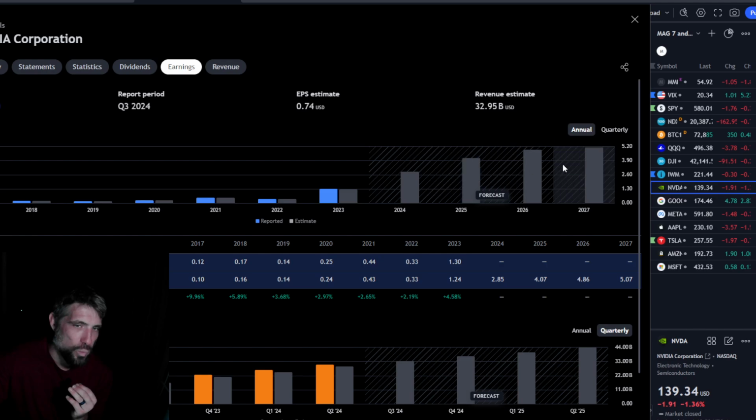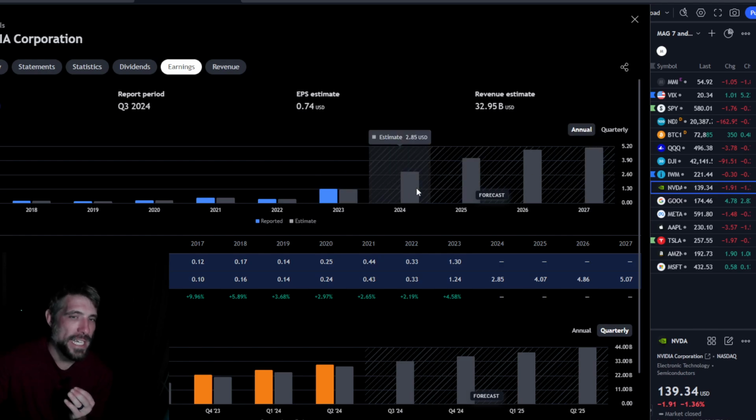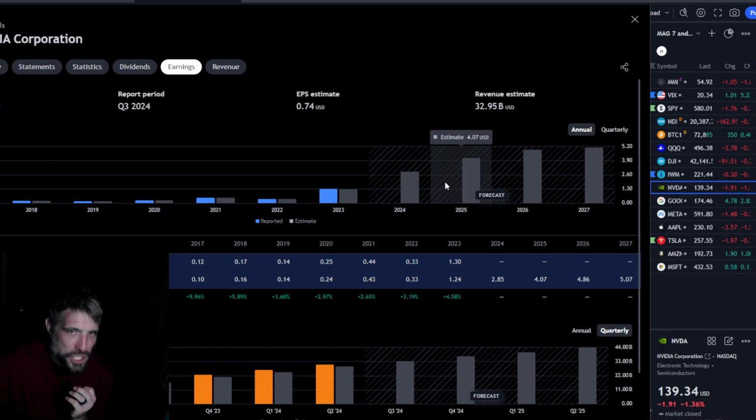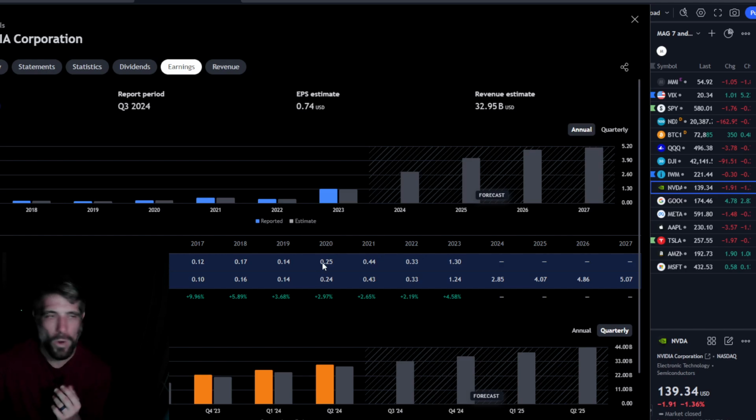It's already dwarfing what they're foreseeing. They're foreseeing doubling their earnings per share each year. That's absolutely amazing. And that's another reason why this thing is a leader.